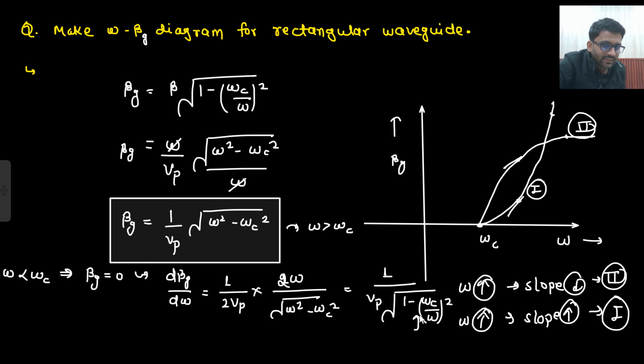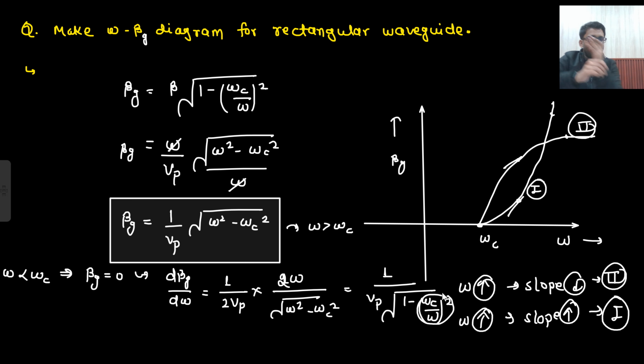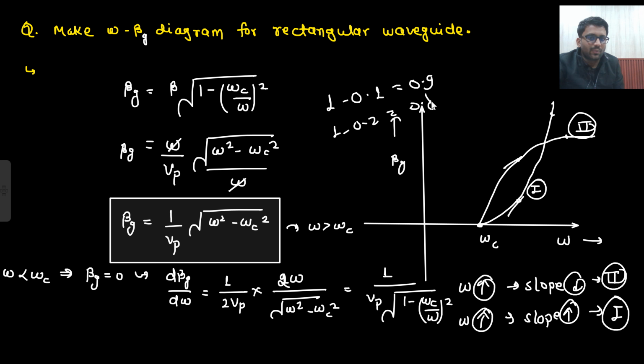So what do you see here? As omega increases, this value goes down. So under root 1 minus something is going down. That means this value is going up. And if this value is going up, that means this total value is going down. Are you getting this point or not? As omega increases, this value goes down. If 1 minus something is going down, that means this complete value is going up, because 1 minus 0.1 will be 0.9 and 1 minus 0.2 will be 0.8.